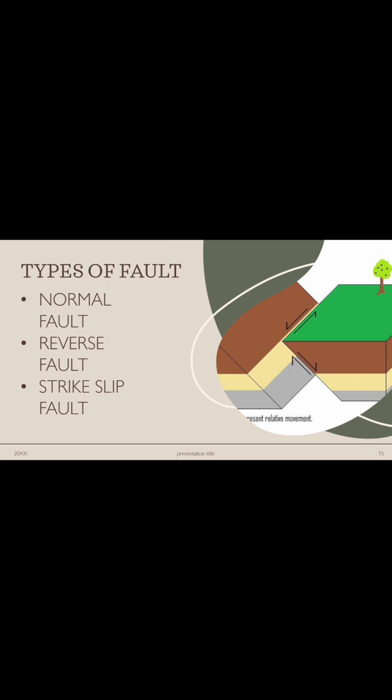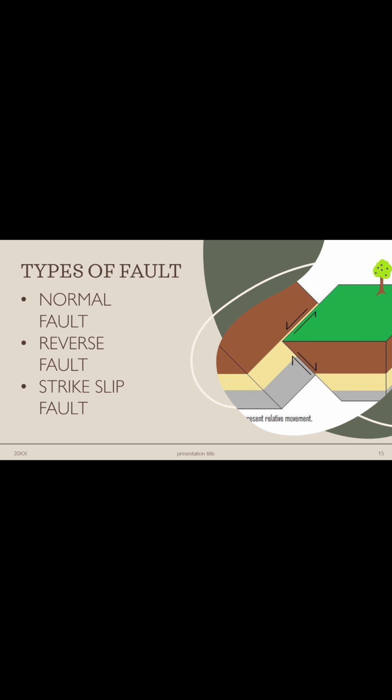There are four types of faulting: normal, reverse, strike-slip, and oblique. A normal fault is one in which the rocks above the fault plane, or hanging wall, move down relative to the rocks below the fault plane, or footwall. A reverse fault is one in which the hanging wall moves up relative to the footwall.